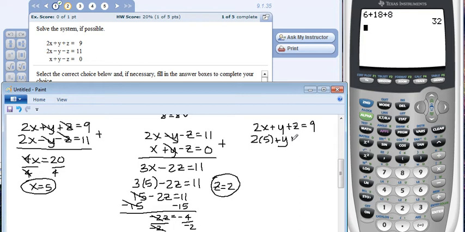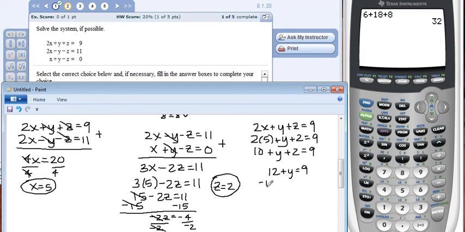Plus y plus z is equal to 9. So now I have 10 plus y plus 2, which is z. The 2's and the z's are going to really mess us up, aren't they? Equals 9. So I have 10 and 2 for 12 plus y is equal to 9.